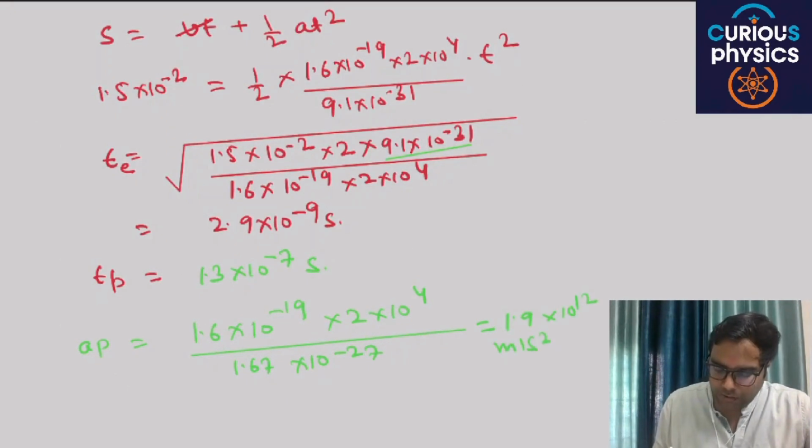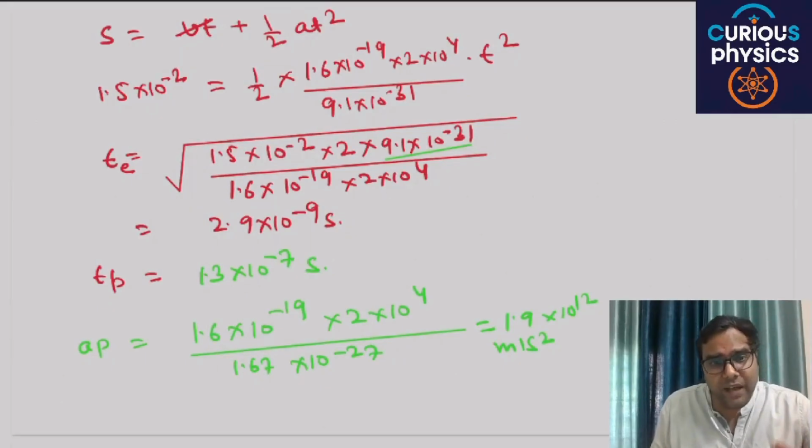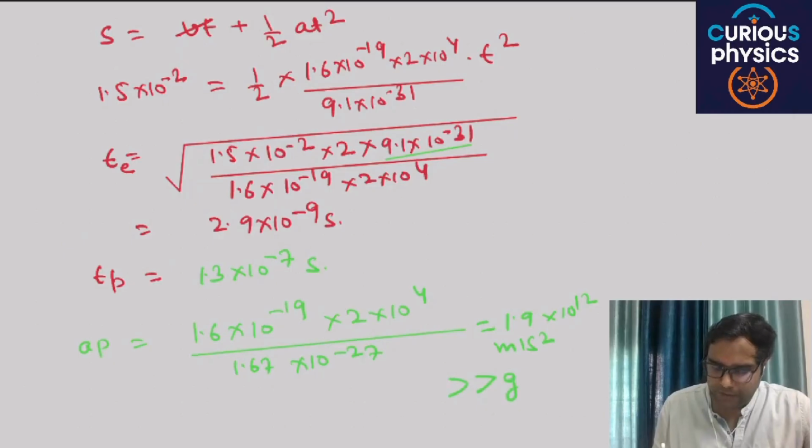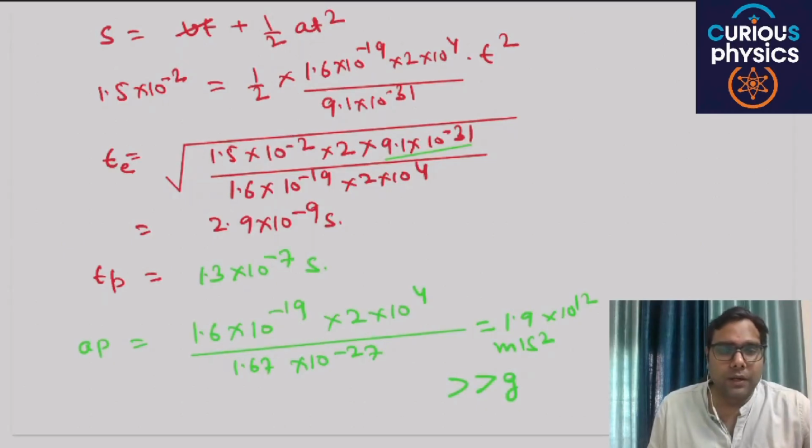meter per second squared. And this is very large as compared to g, which is 9.8 meter per second squared, or 10 meter per second squared. This acceleration due to the electric force is way greater than 9.8.